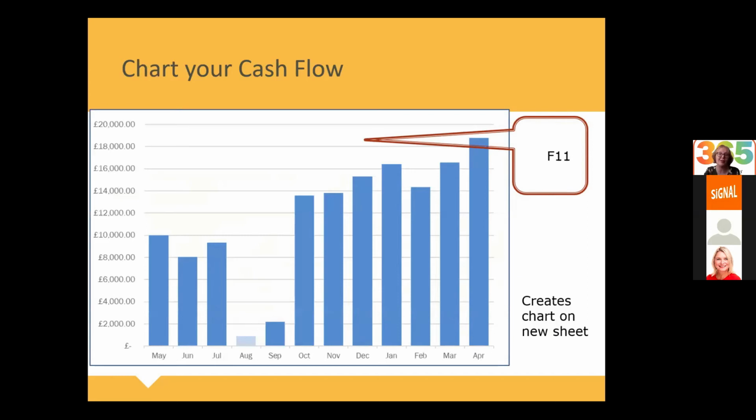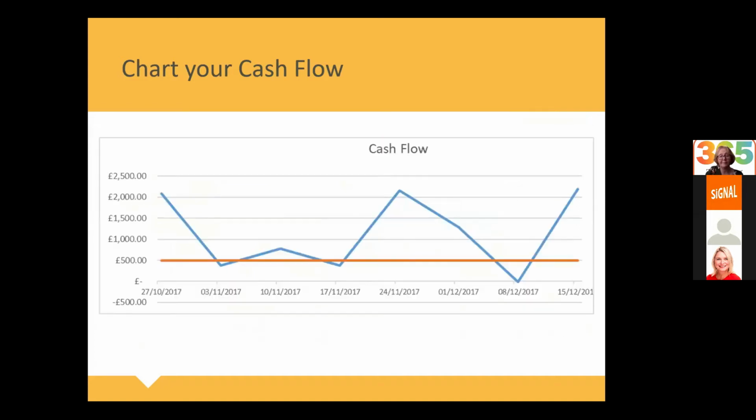And here's a little gem for you if you don't know it. F11. F11, unlike the charts that we were looking at earlier, gives you a chart on a separate sheet in the workbook. And a good one for cash flow is actually looking at the line charts.